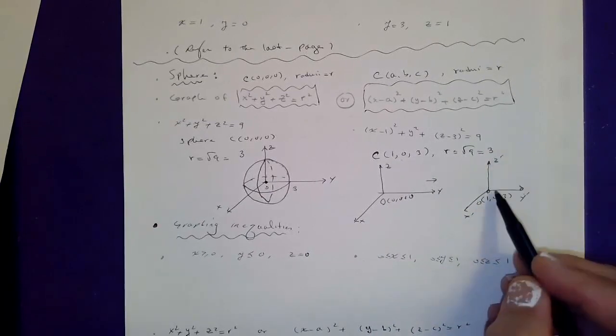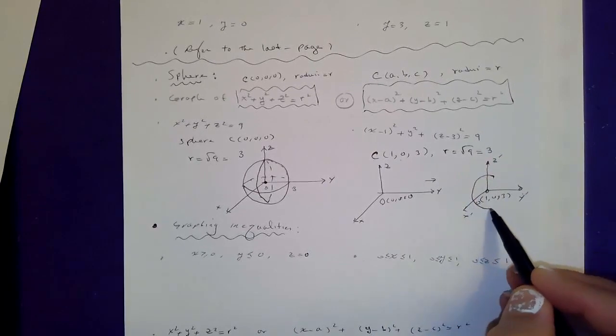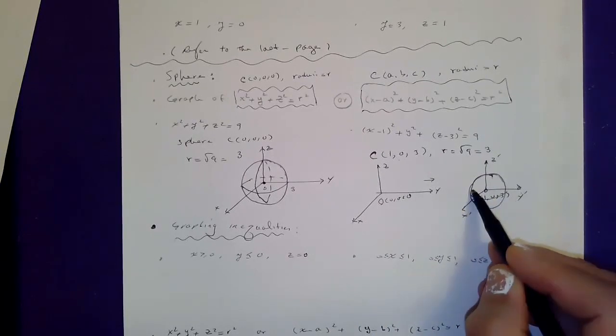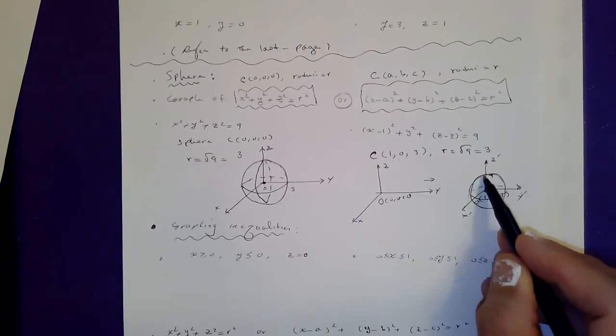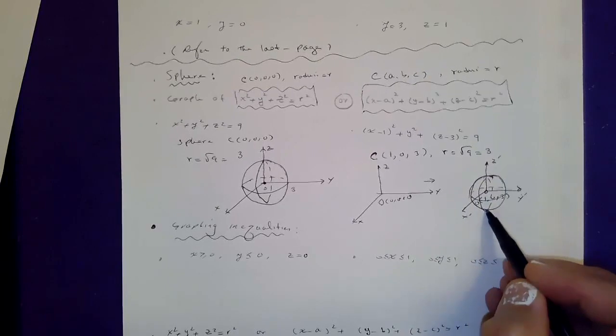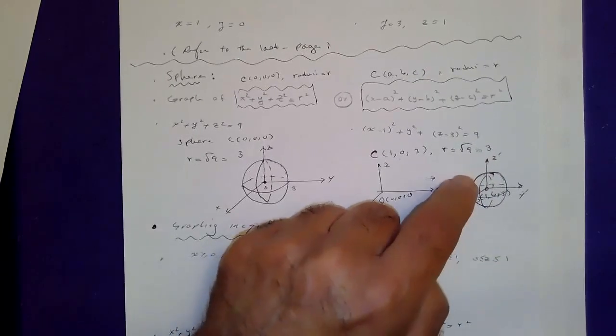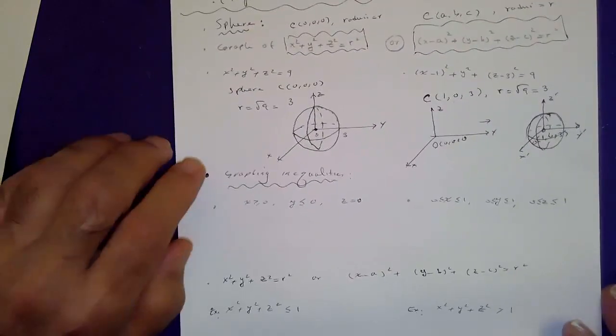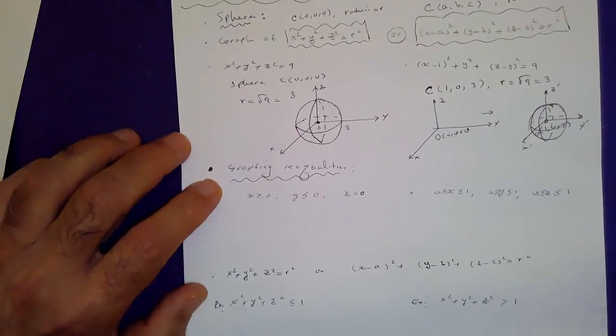Then you graph your sphere as before, but make sure people know that your center has been shifted. You see it. So this is like a shifted sphere.